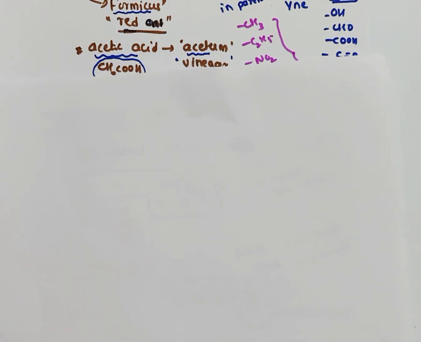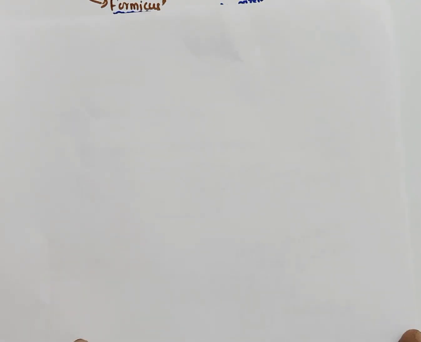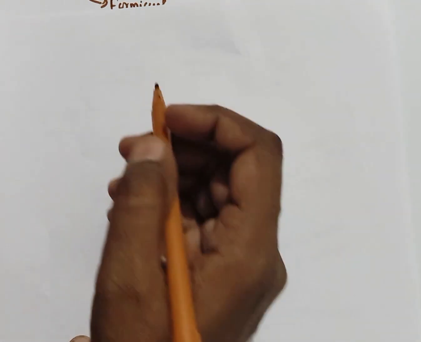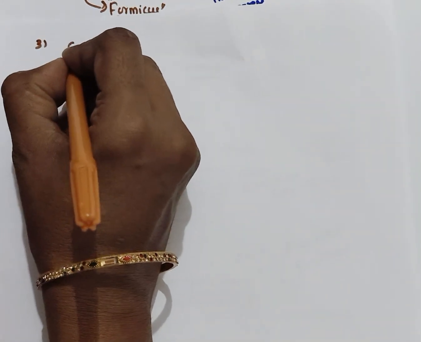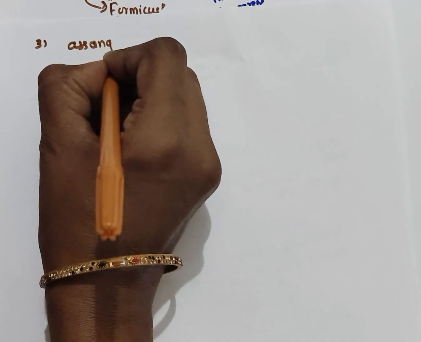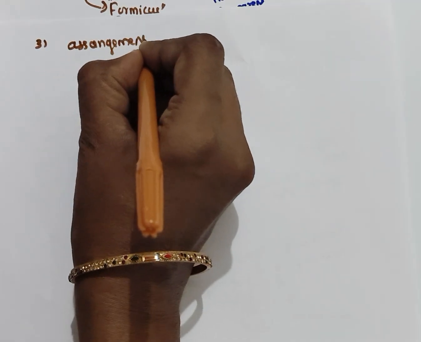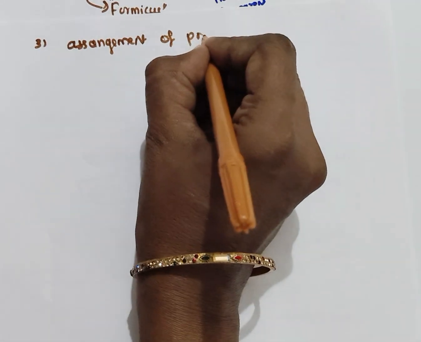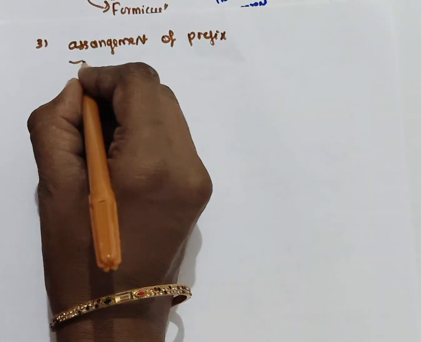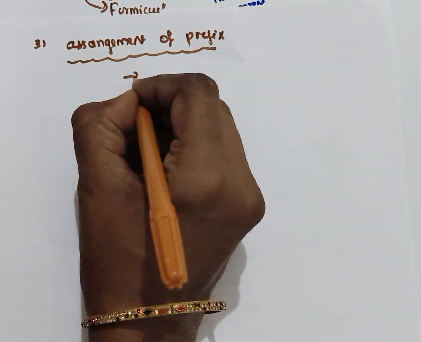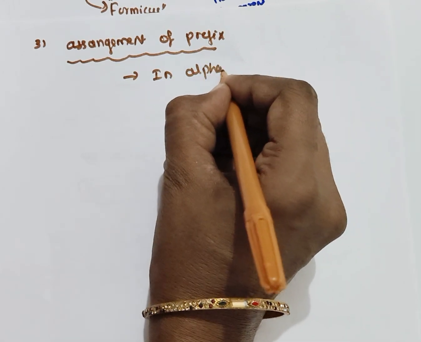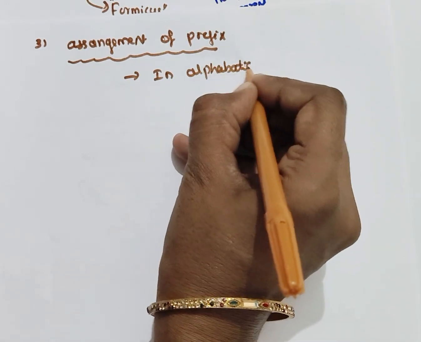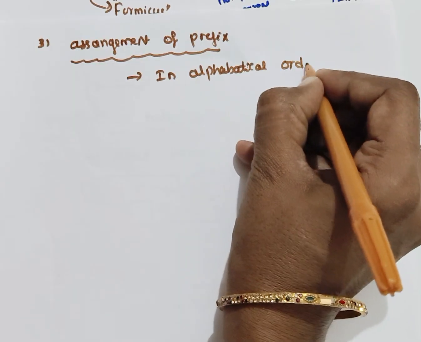Next we move towards the third rule. The third rule is a very important, basic rule: the arrangement of prefixes. The arrangement of prefixes is always in alphabetical order.